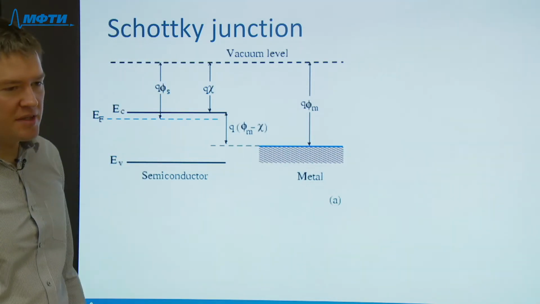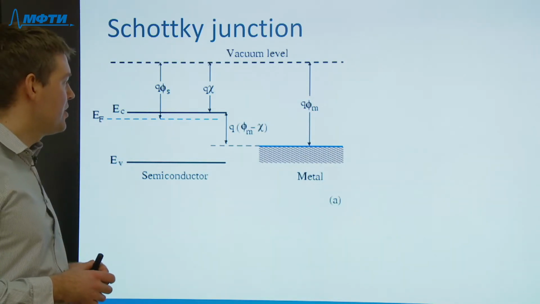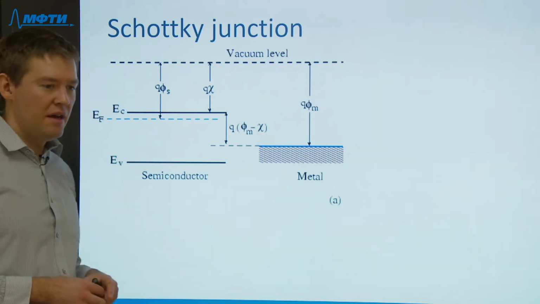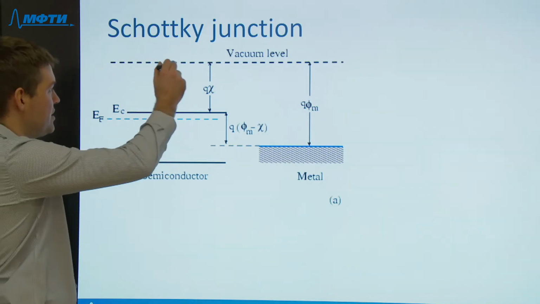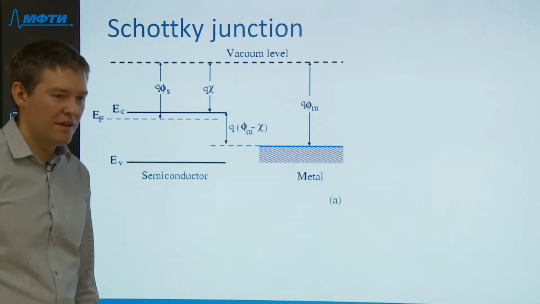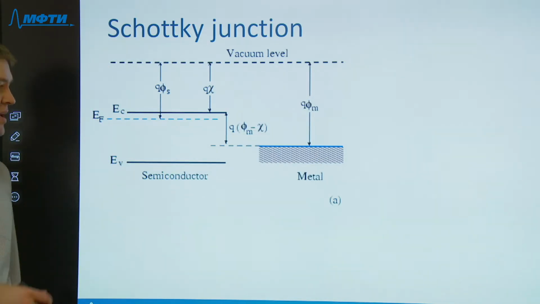So what happens when we bring metal and semiconductor in contact with each other? Here we have the band diagram of this structure. The dashed line is the vacuum level, the energy level of a free electron in free space.